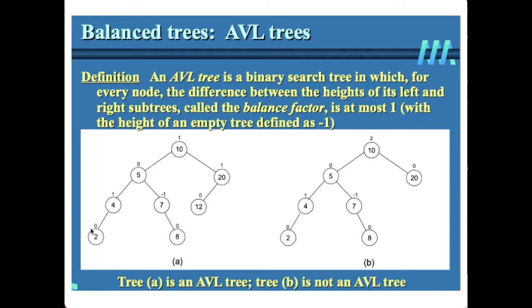Let's start with the simple one. If we have a leaf node, okay, so we have 2, 8, and 12. If we have a leaf node, the balance factor is 0 because wala na siyang nasa left and right. So technically, the difference between left and right ay 0 kasi pantay kapag leaf.